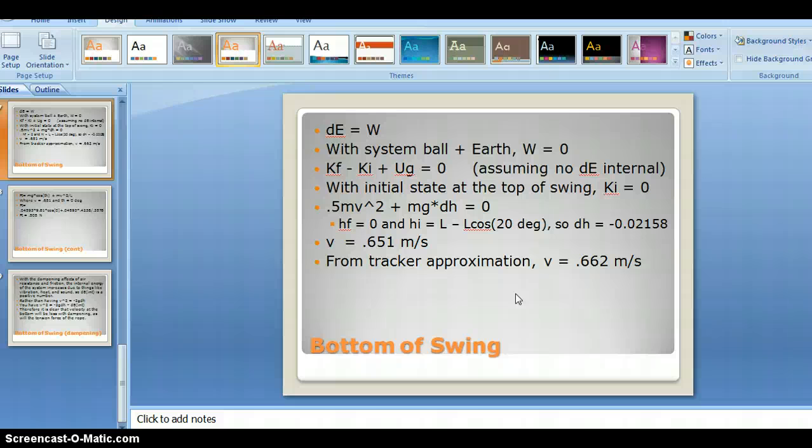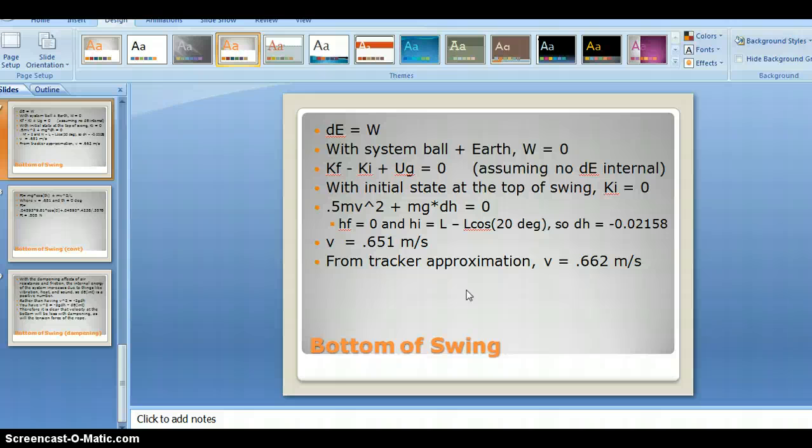At the top of the swing, the initial kinetic energy is equal to 0 because velocity is 0. So this equation comes out to be 0.5 mv squared plus mg dh, delta height, which I calculated because height final is 0 and height initial is L minus L cos of 20 degrees.